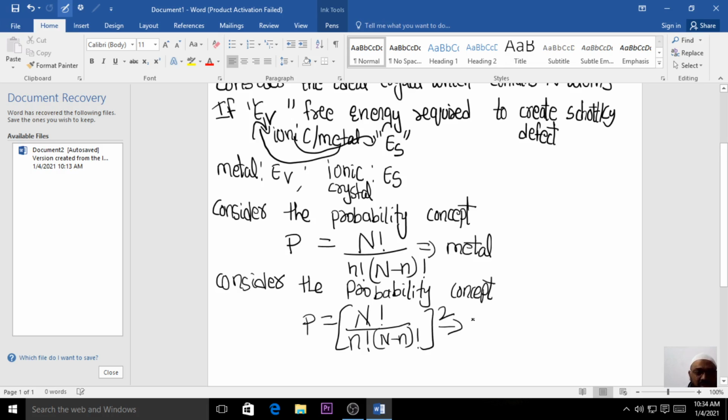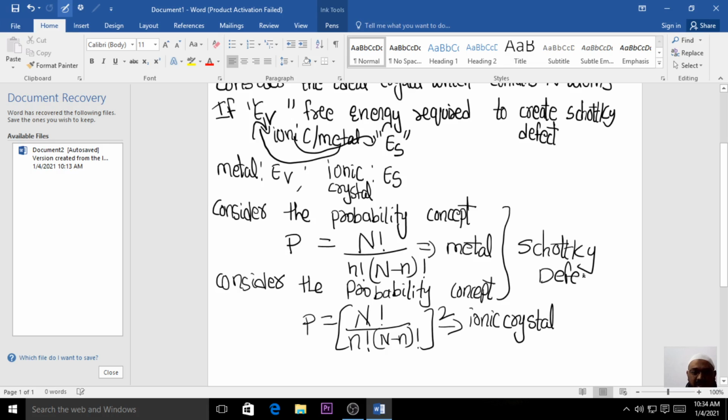This is for the ionic crystal. So I think you got a clear idea, right? These two are of which defect we are talking about? Schottky, right? We discuss the Schottky defect.